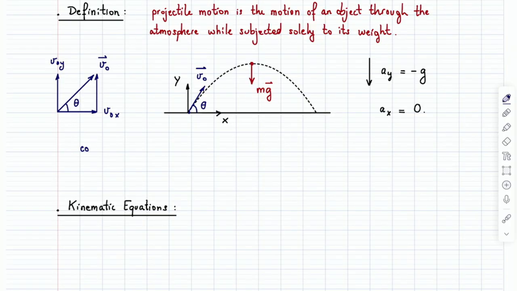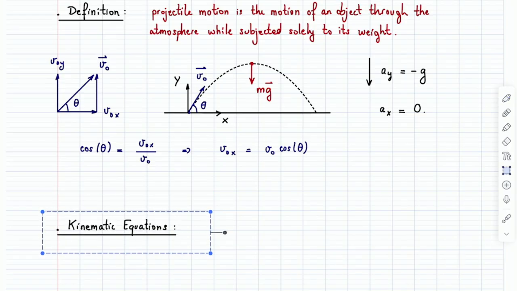Let's just write what cosine theta is. Cosine theta is the adjacent side, that's v0x, divided by the hypotenuse, which is v0. And if you multiply both sides by v0, you find that v0x is v0 cosine of theta. Okay. You can do the same thing with the y component. The y component is going to be in terms of sine theta, but maybe you don't realize that.